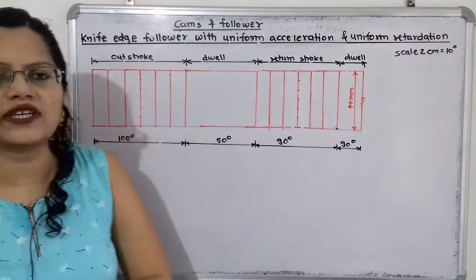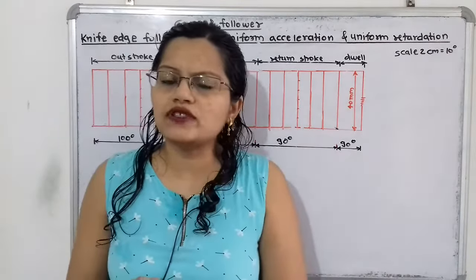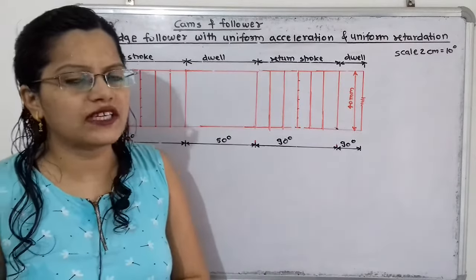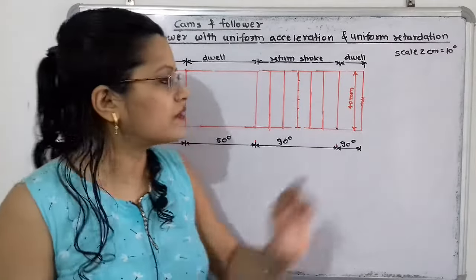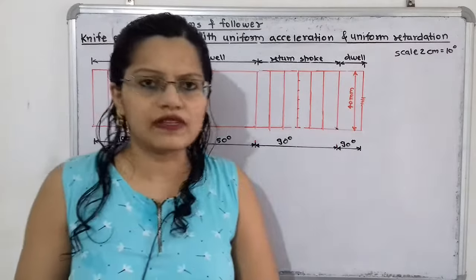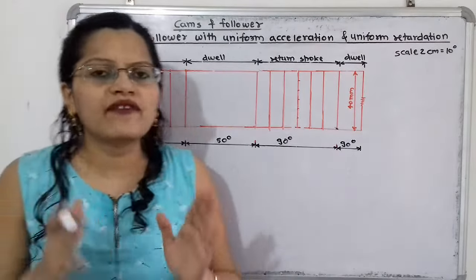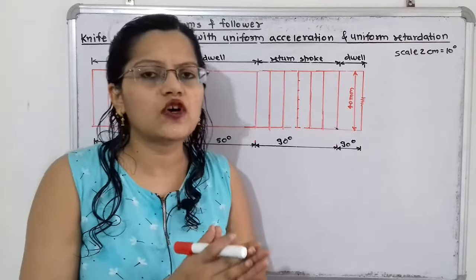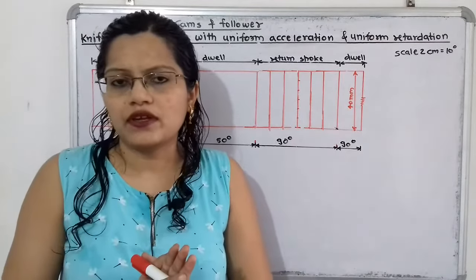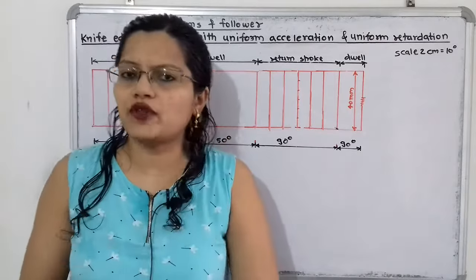So stroke is 40 mm. Again we will use the scale 1:2, that is 4 cm multiplied by 2, that is vertical distance 8 cm we will select. Now we have to make any number of even equal parts for outstroke and return stroke. So we will select 6 equal parts.